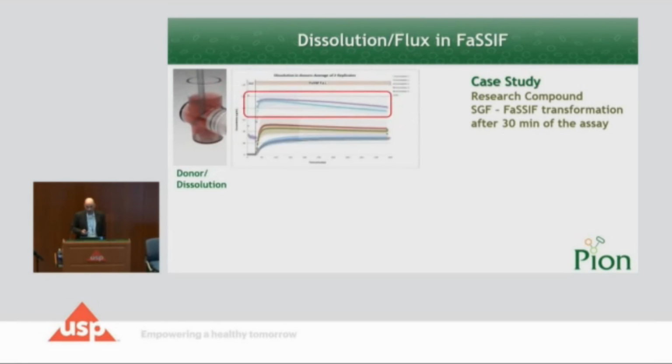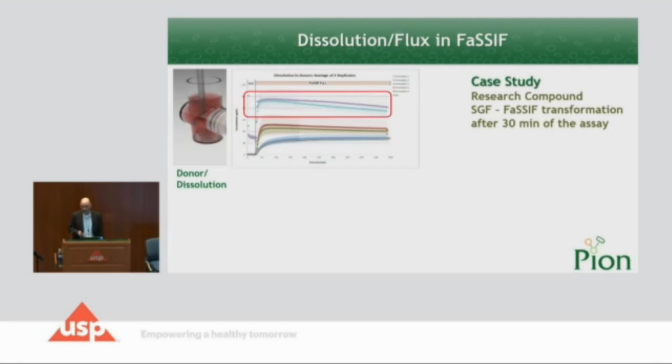So this is a concentration. So we had one compound, we had 5 different formulations. So the client wanted to see which formulation would be the best one. So from the dissolution study alone in our donor compartment, we could clearly see that there are 2 winners, 2 formulations were providing the highest concentration.